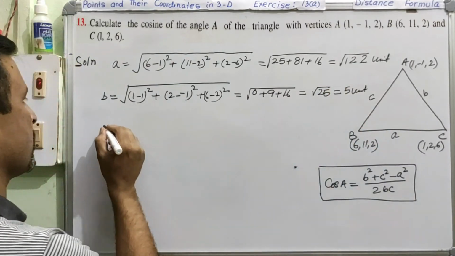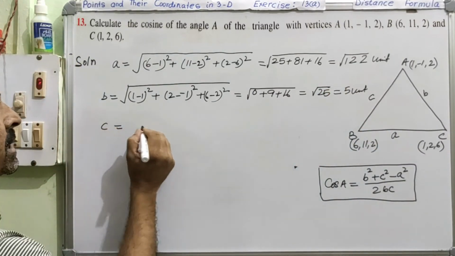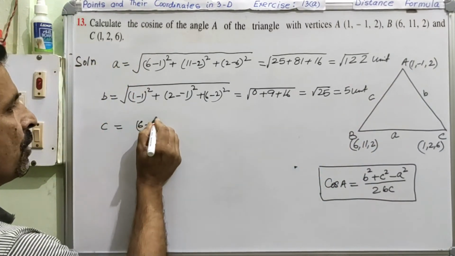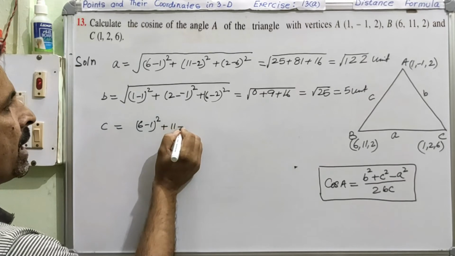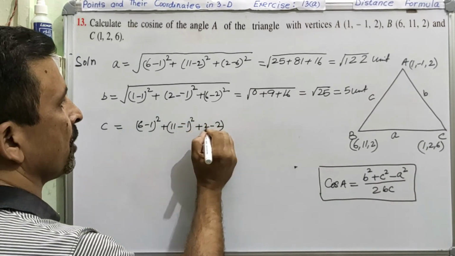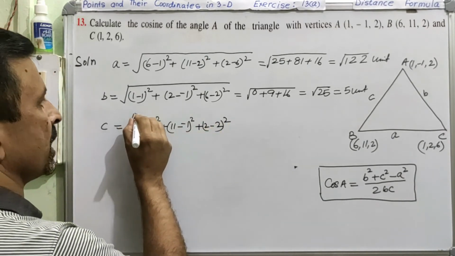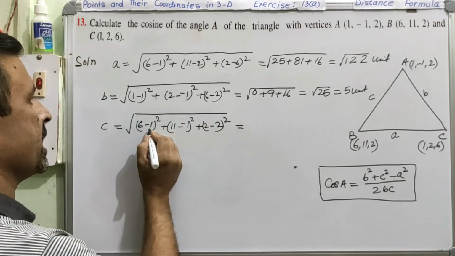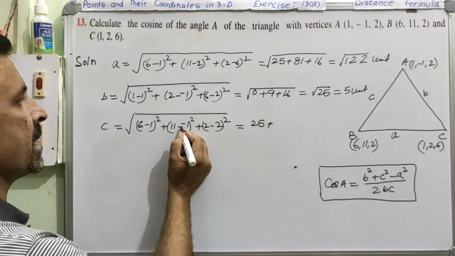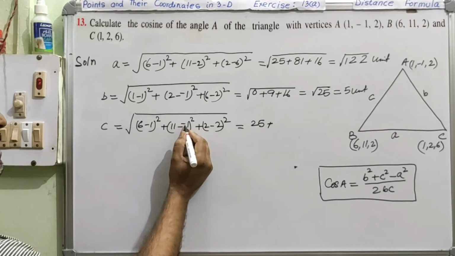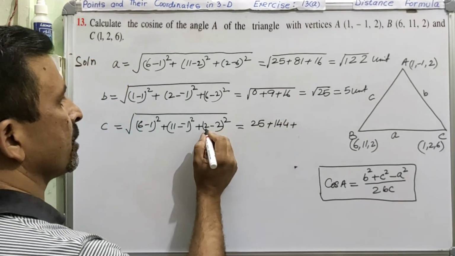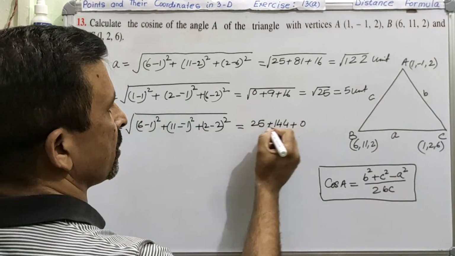Now likewise we will calculate the length of c. For c, we will use these two coordinates. So this is (6 minus 1) whole square plus (11 minus minus 1) whole square plus (2 minus 2) whole square, under the square root. 6 minus 1 is 5, 5 square means 25, plus minus minus plus, so this becomes 11 plus 1, 12, and 12 square means 144, plus 2 minus 2 is 0.